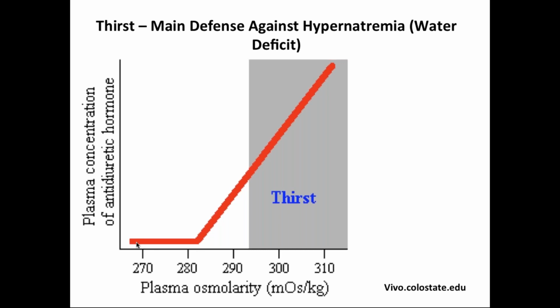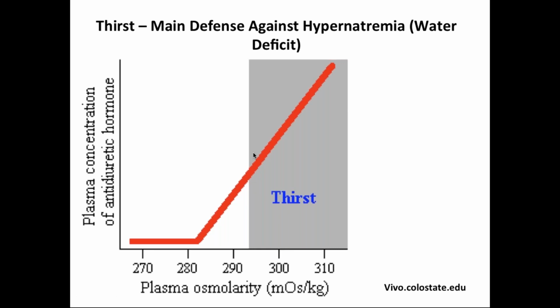There is no production of ADH, and the urine is naturally dilute. As osmolarity increases, the ADH increases in a linear fashion. Thirst is a backup mechanism and kicks in a little later, at somewhere around 290 to 300 osmolarity.